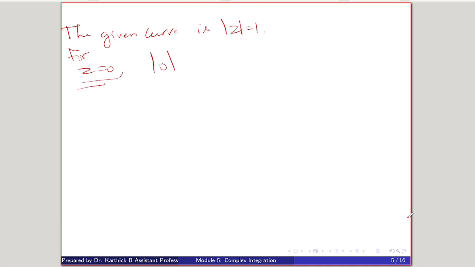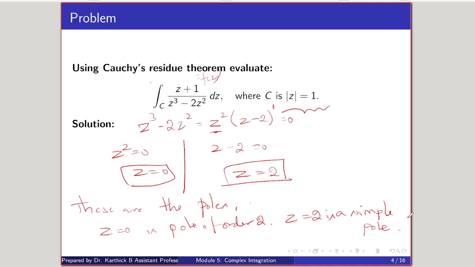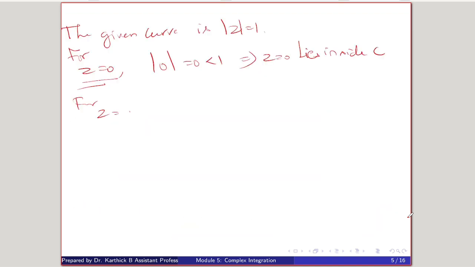Obviously 0 is less than 1, so z equal to 0 lies inside C, and for z equal to 2, 2 is greater than 1, so z equal to 2 lies outside C. So if the pole lies inside, then we will find the residue.